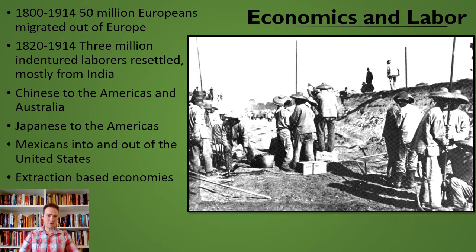You might also look at the benefits of empire economically and the movements of people and why they were doing these things. So we already said, 50 million Europeans migrated out of Europe, lots of them to the United States, but other places as well. There was a big shuffling around of human beings during this time, much more than during the transatlantic slavery, right?